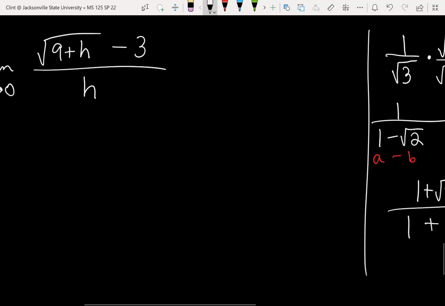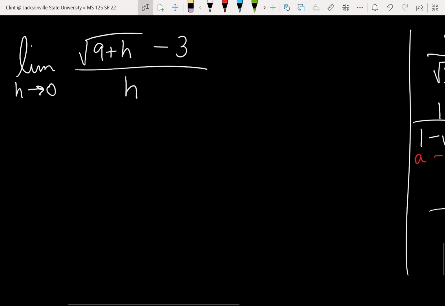Hopefully I'm not wrong, I haven't worked it yet. I think we can multiply by the conjugate at the top. This one. Get what we want. We just want the denominator not to be 0 if we do direct substitution. So let's try that out.